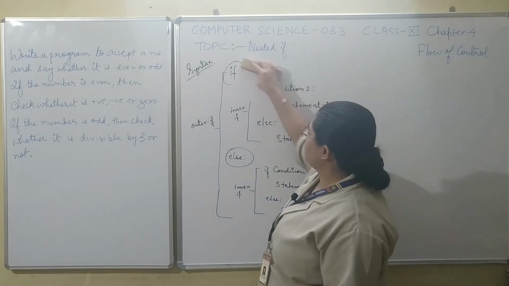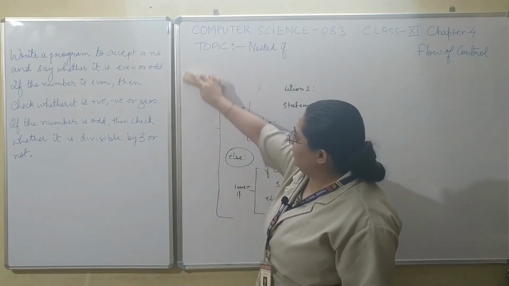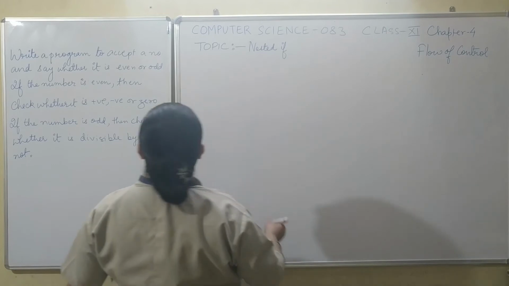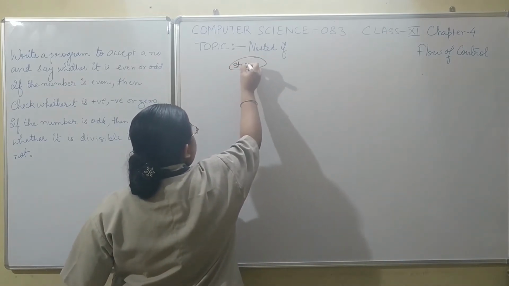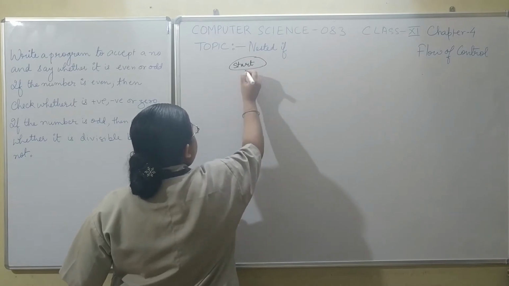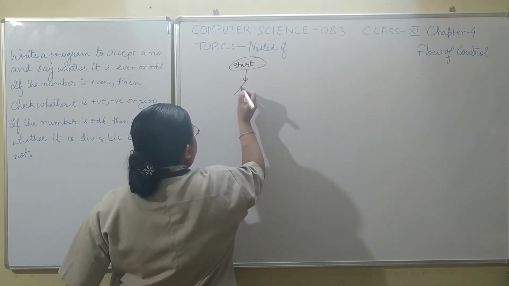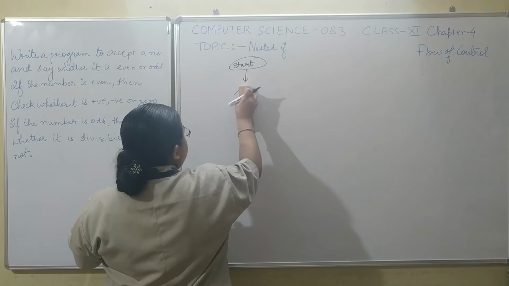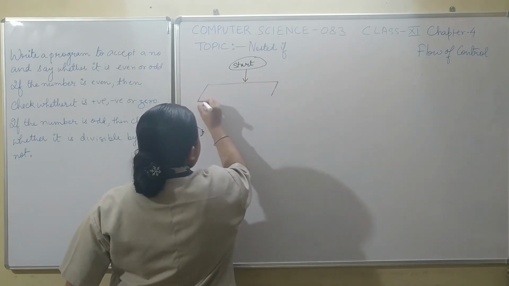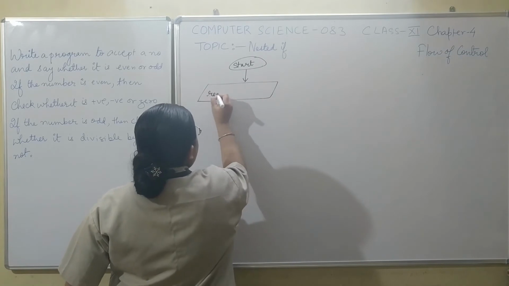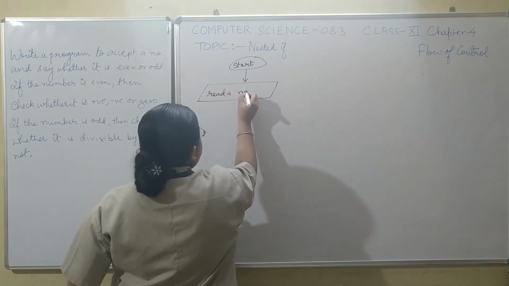So first let us draw the flow chart for it. So how do we draw the flow chart? We first start our program. Okay, we have to first accept a number from the user. So we will write here, read a number.